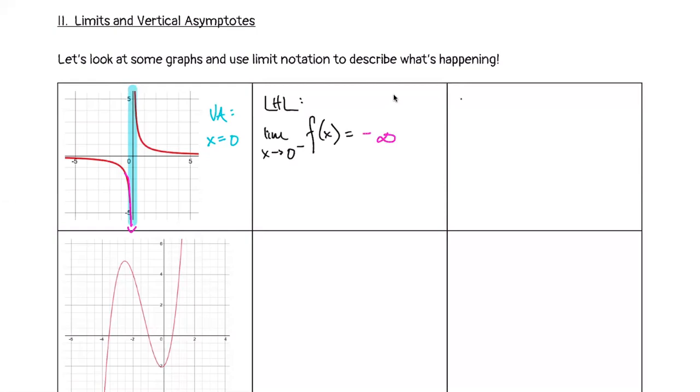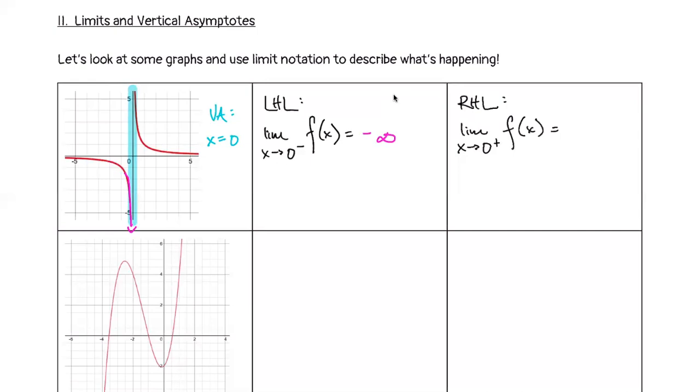What about the right-hand limit? What can I modify about my previous statement to make it the right-hand limit? Yeah, we need a little plus. That plus means right-hand limit. So this is the right-hand limit of this function.